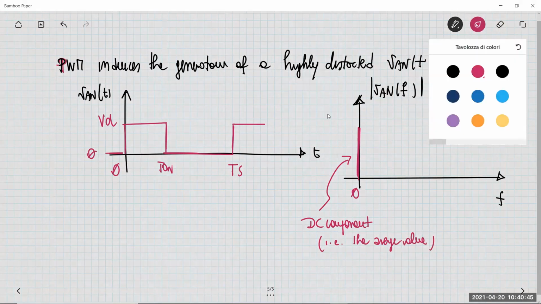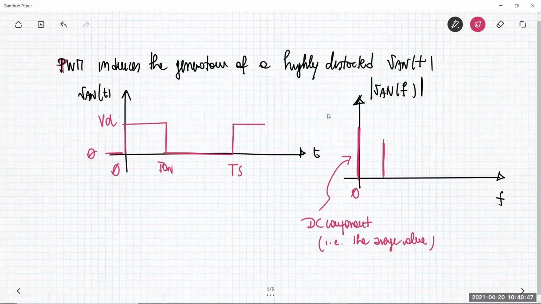Then you have the fundamental component at frequency Fs. And then typically you can have all the harmonics at frequency 2Fs, 3Fs, 4Fs, etc., up to infinite.